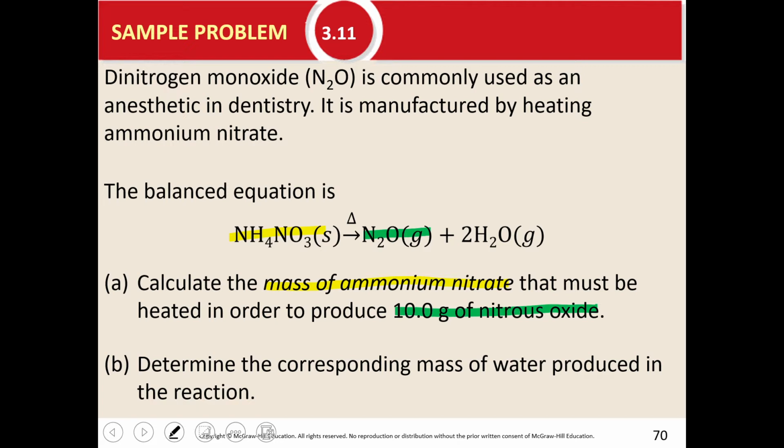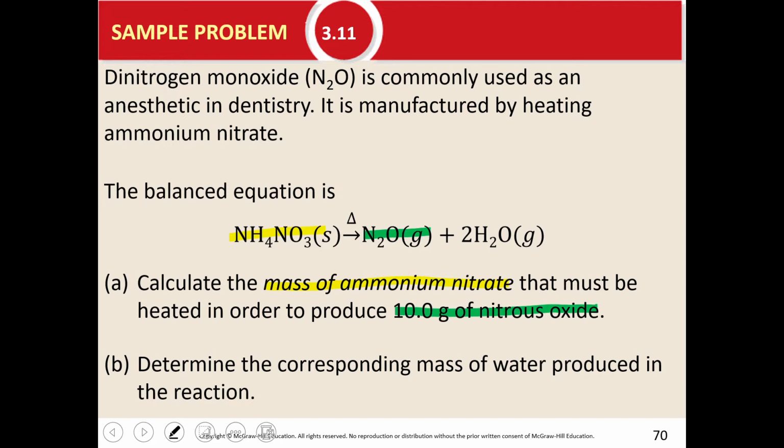So our given in this case is not the reactant. We know we want 10 grams of the dinitrogen monoxide. So the question is, how much ammonium nitrate do we have to start with to break down in order to produce that 10 grams? So it will still be the same process of given times unit factors equals our unknown. But now it's just going to be a little bit in the reverse.